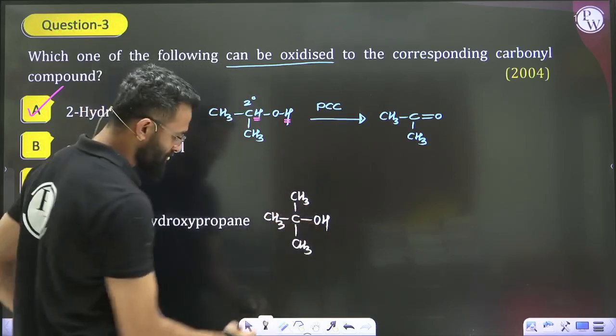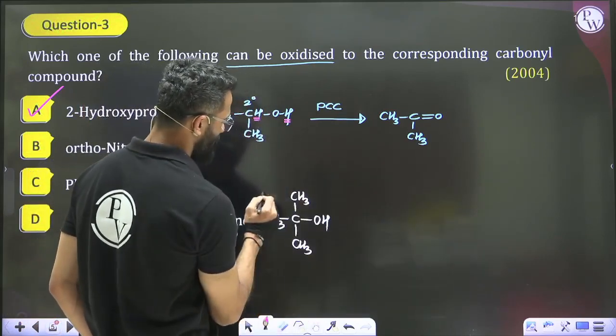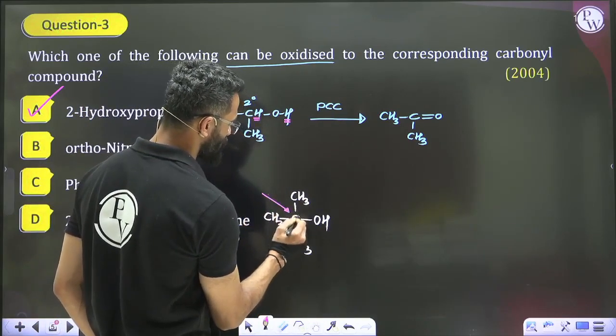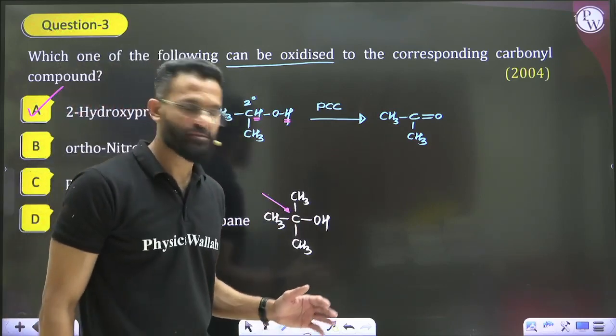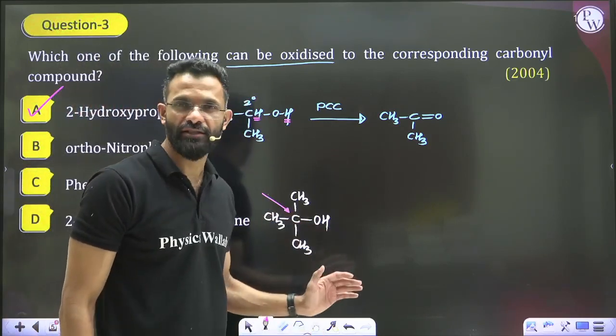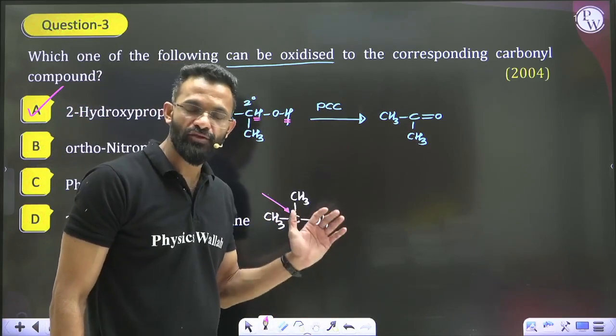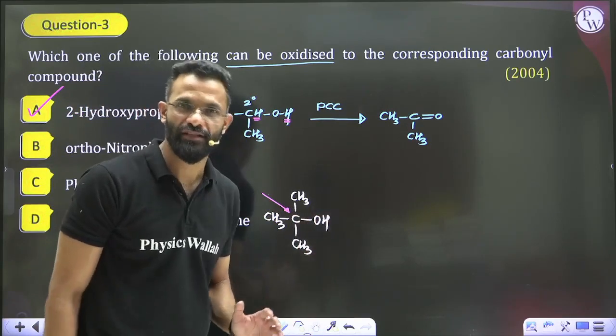So if you observe in tertiary alcohol, at the carbon carrying OH, there is no hydrogen atom present here. Since there is no oxidizable H present, tertiary alcohol does not undergo oxidation, whether we use mild oxidizing agent or strong oxidizing agent.